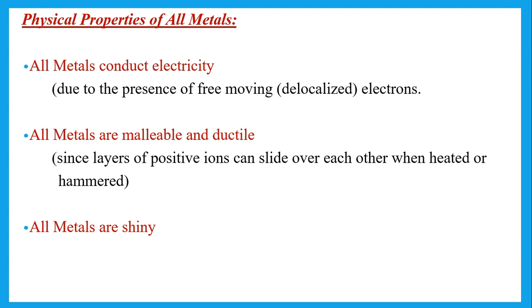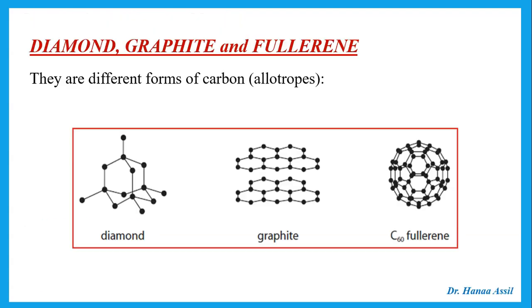Metals are malleable and ductile because layers of positive ions can slide over each other when heated or hammered. Do not say there are weak attraction forces between the layers; that's not it at all for metals. And of course, all metals are shiny.